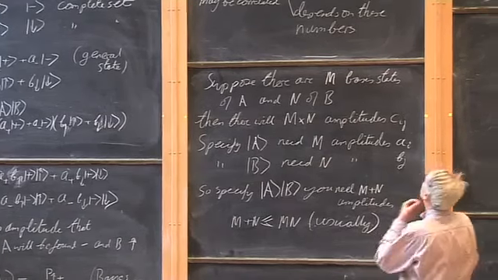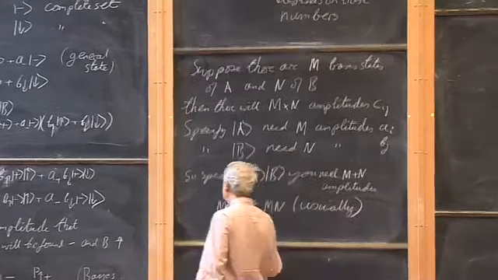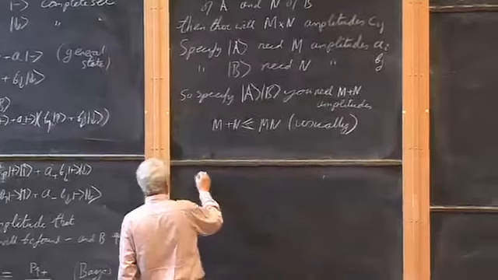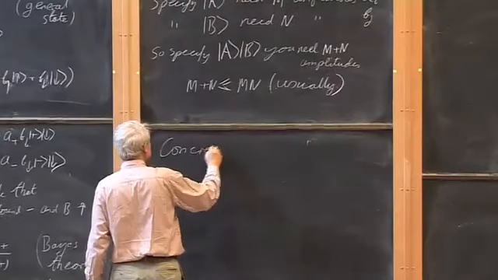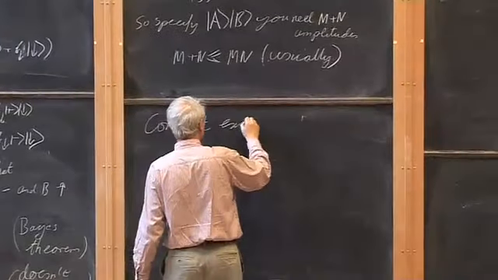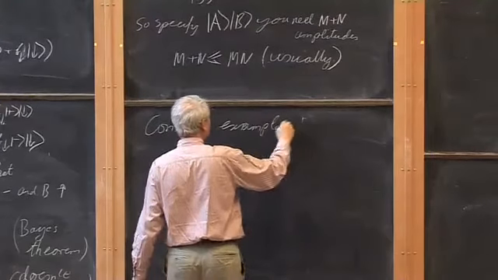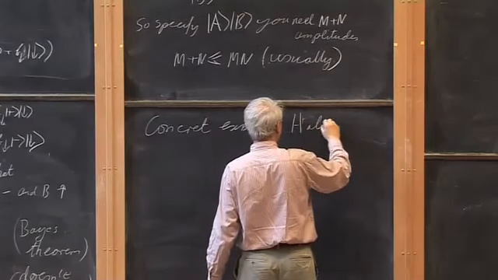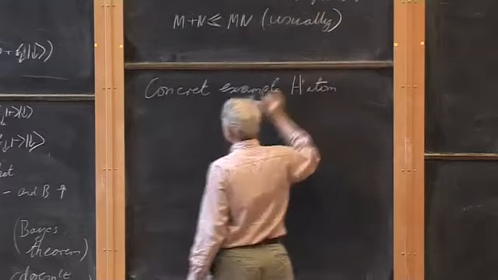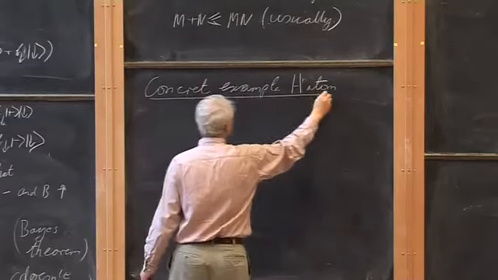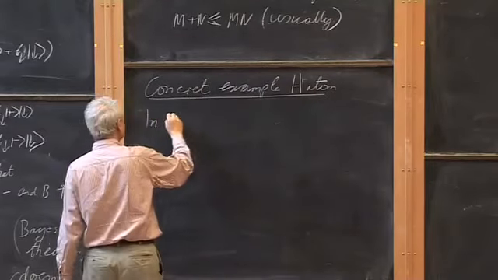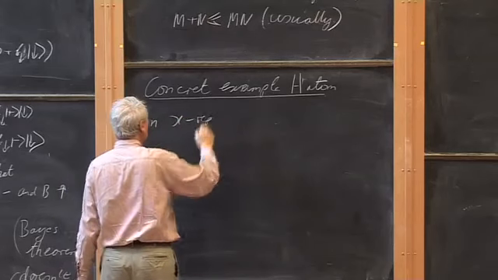Let's try and pin these ideas down a bit by looking at a concrete example of the H atom. So in the position representation, what do we want to know?